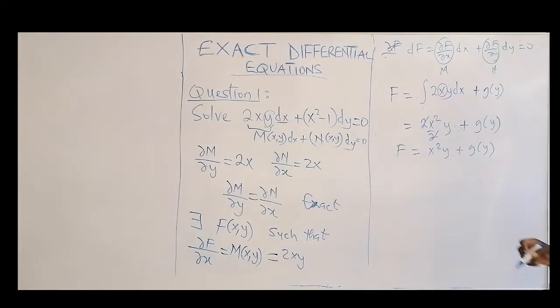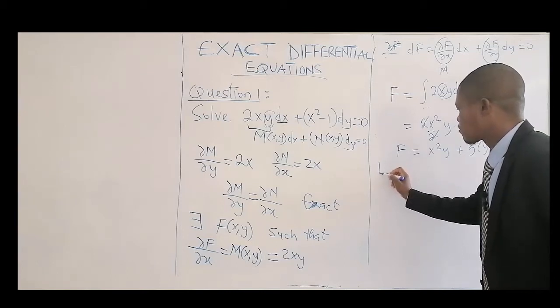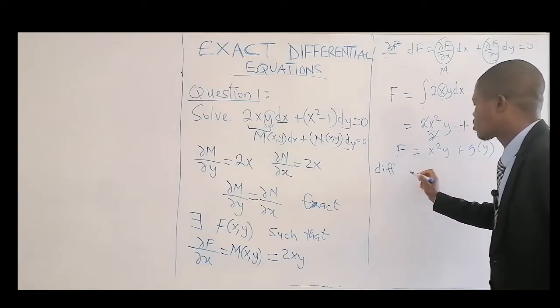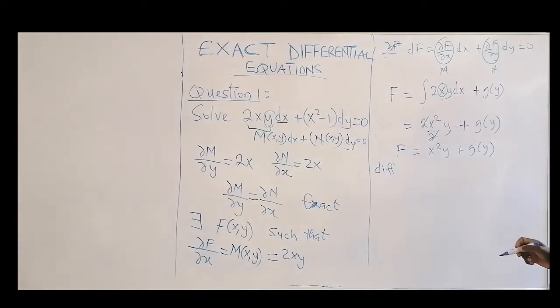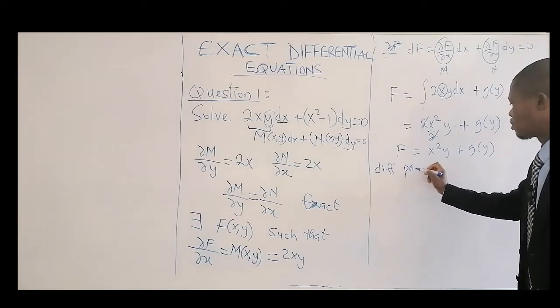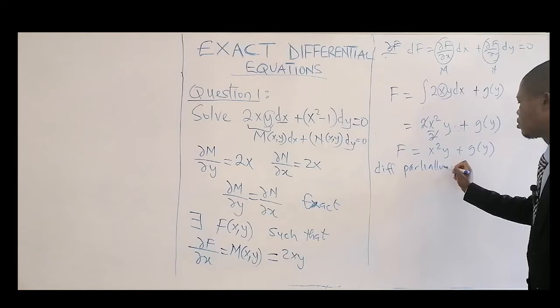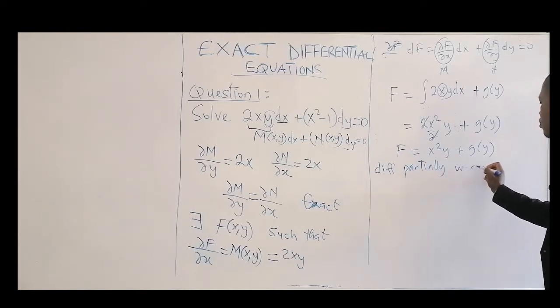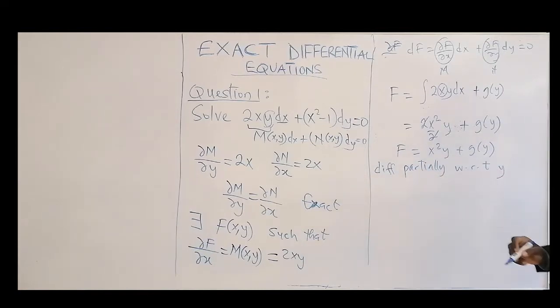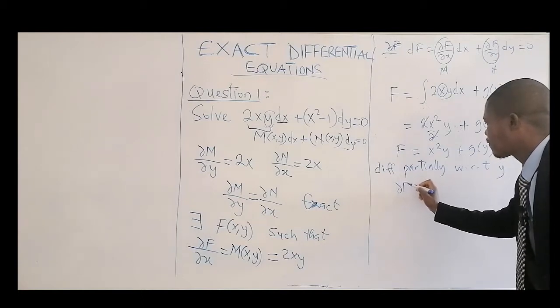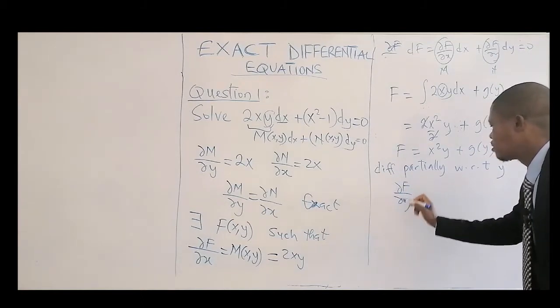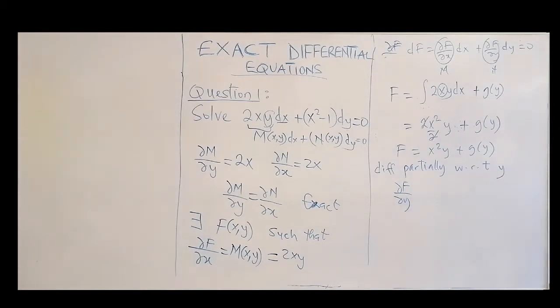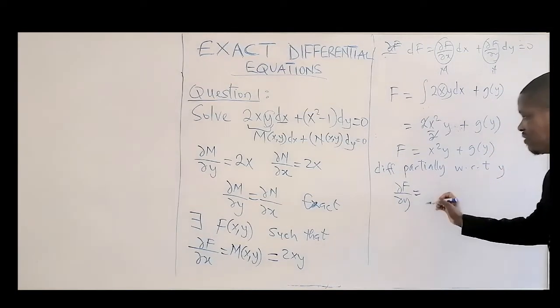So the next thing to do now is to differentiate partially with respect to y. So I will now have delta f, delta y, and delta f, delta y is our N. It has a value in the given problem.